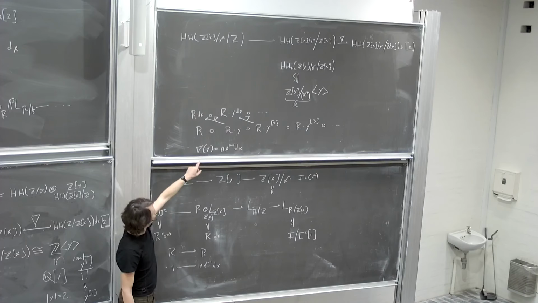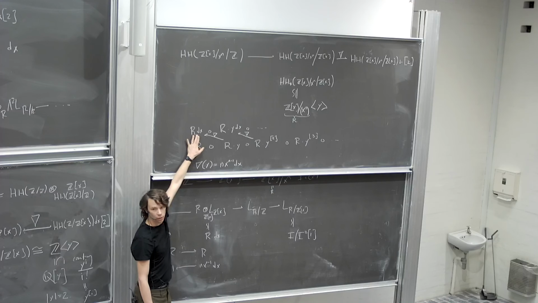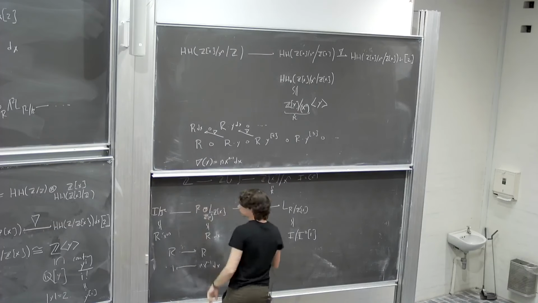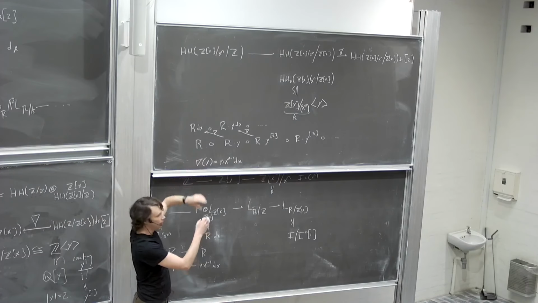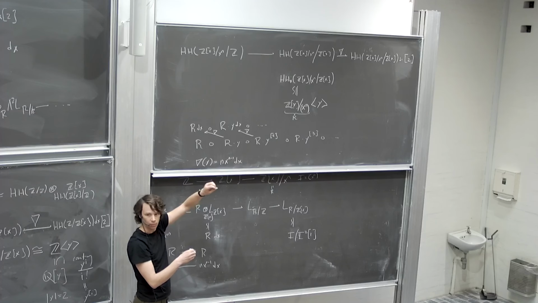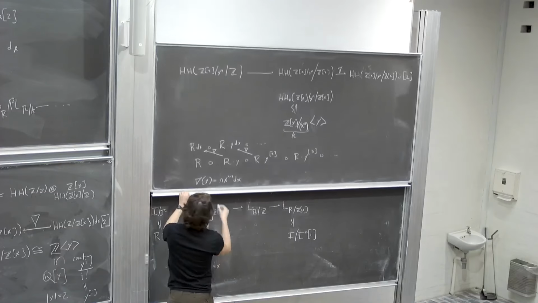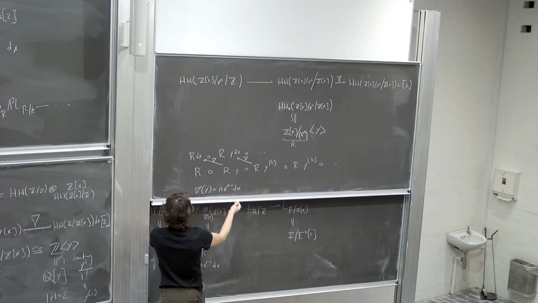Sorry, what I'm really claiming is I can choose a generator of this. So up to units, I can choose an element of this where it has this form. And the reason is that, for example, by the HKR filtration, it's again going to split, or not split, but, okay.